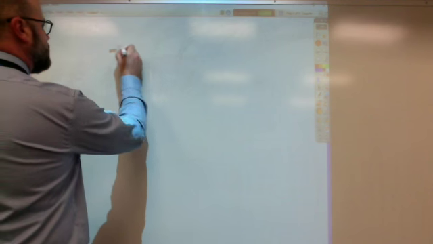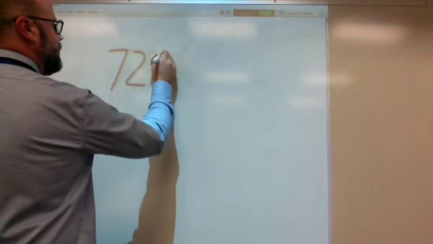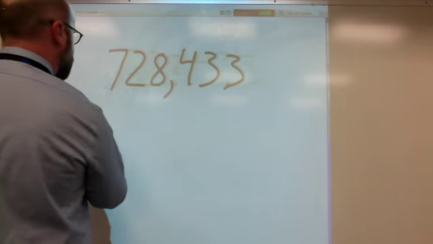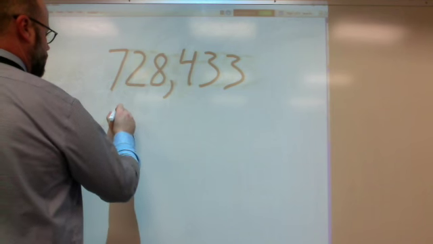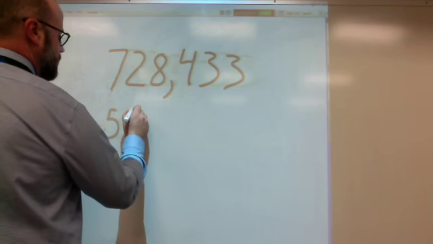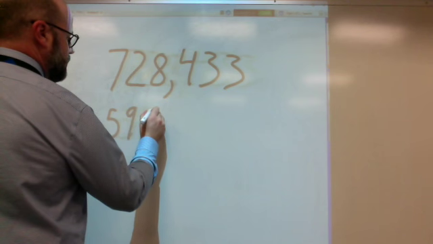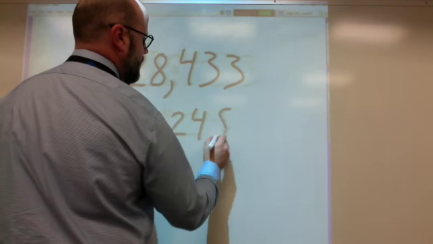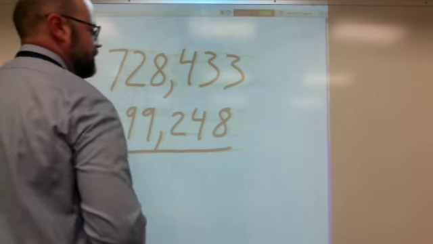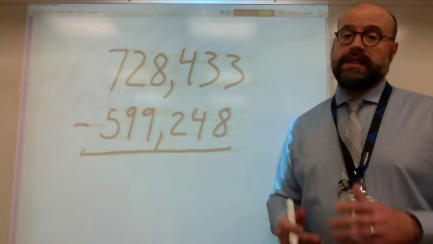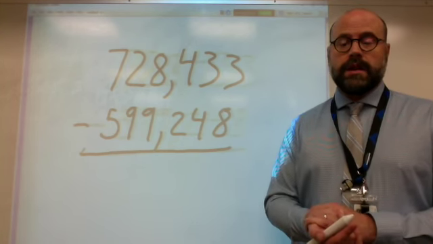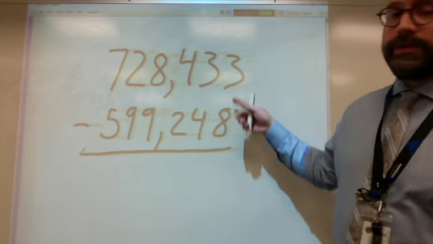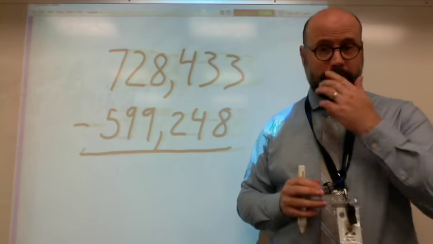So I'm going to start with 728,433 minus 599,248. These are the big numbers we're going to be working with, guys. We are going to be able to do this kind of subtraction, no problem. And a lot of you can.